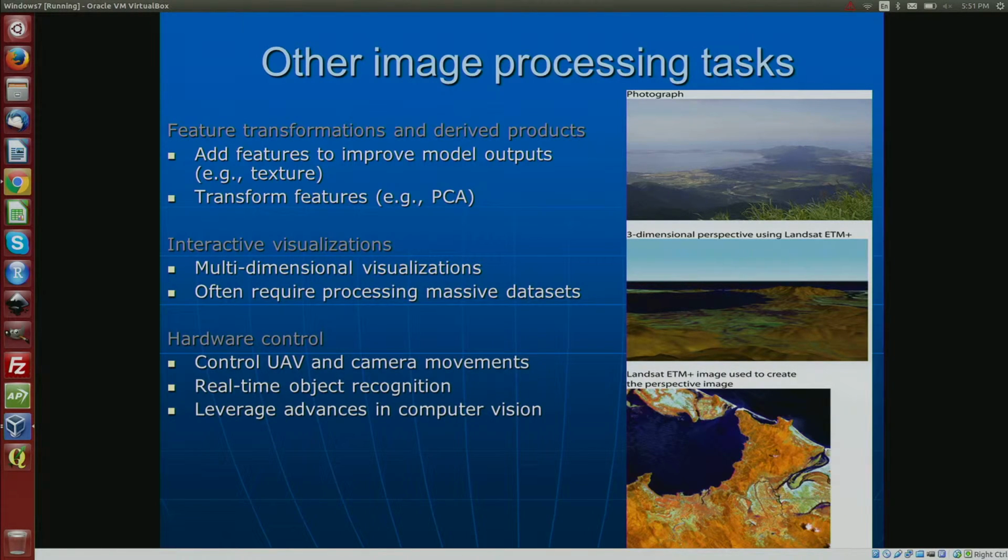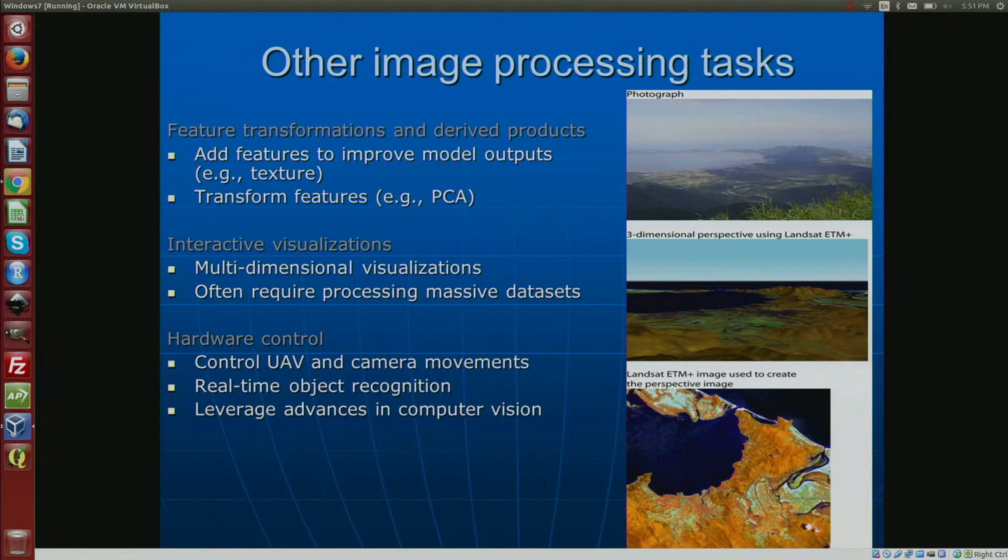We do feature transformations, principal component analysis, for example, both to reduce the data dimensionality, but also some of the components have very strong correlation with certain variables that we're interested in. For example, vegetation greenness. So that's another reason we would use these transformations, to highlight certain features.